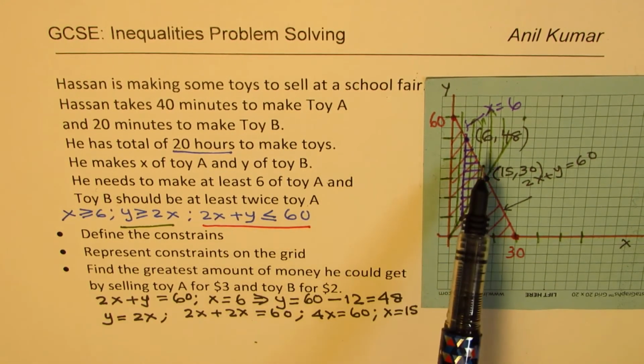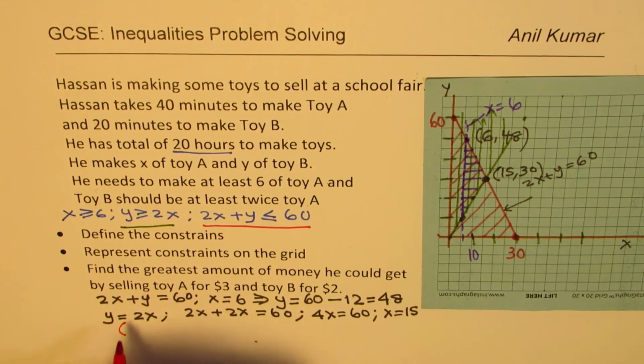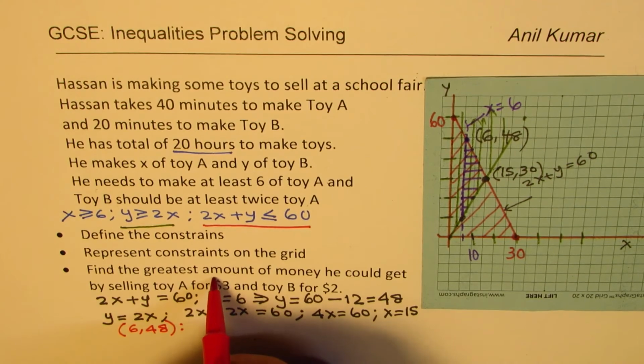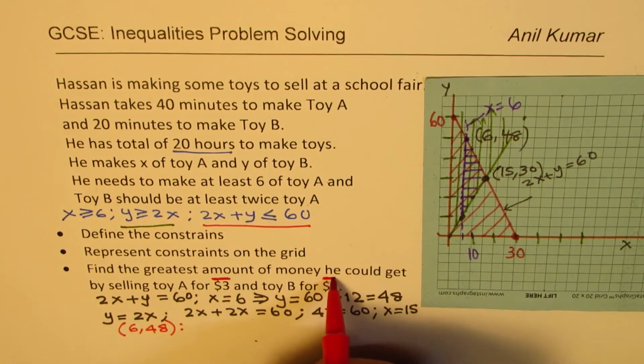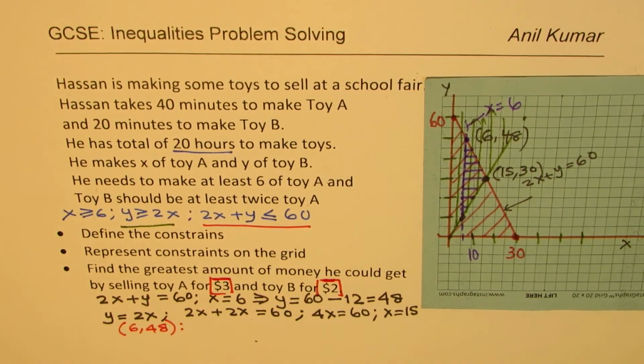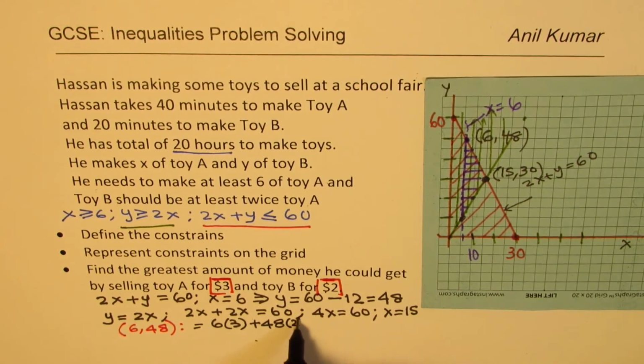So we have two critical points. Now let us find the earnings for both these points, right? So let's calculate earnings for the point where the x and y value is 6 and 48. We know that toy A is for $3 and B is for $2, correct? So how much is the total earning? 6 times 3 plus 48 times 2.